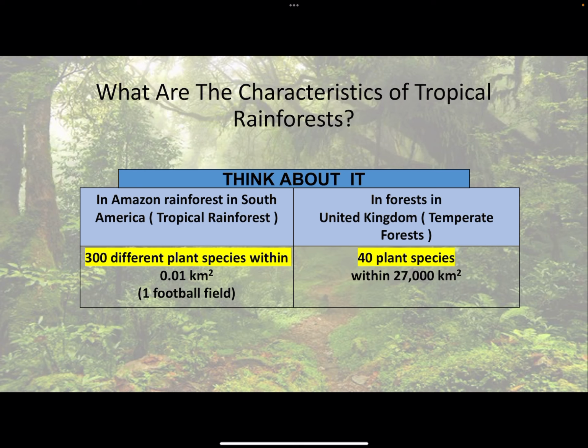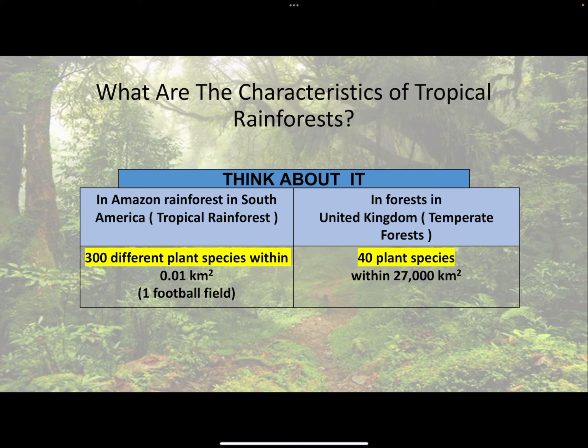But in your temperate forest, like in the UK, when you were young, you read about Little Red Riding Hood going to the forest to visit her grandma, who got eaten by the wolf. So the forest that Little Red Riding Hood walked through is a temperate forest. The variety of species is about 10% to maybe 12% of what you will see in the tropical rainforest.